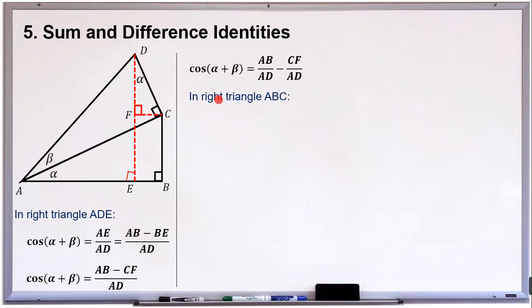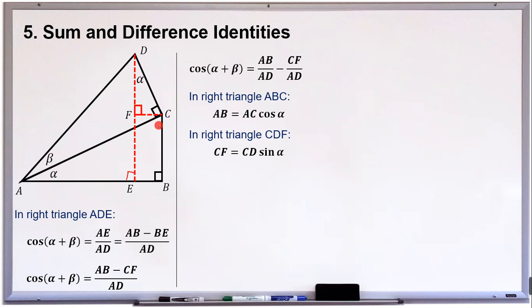Now, in the right triangle ABC, AB can be expressed as AC cosine alpha. So AB is AC, the hypotenuse, multiplied by the cosine of this angle alpha. And then in the smaller right triangle CDF, we have an expression for CF.